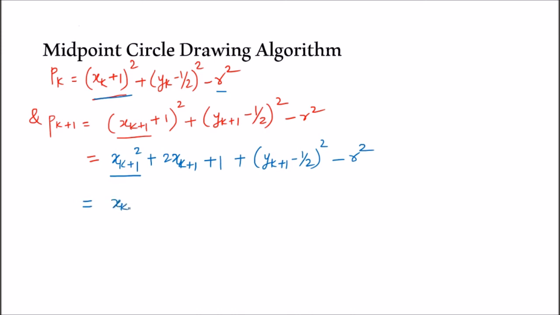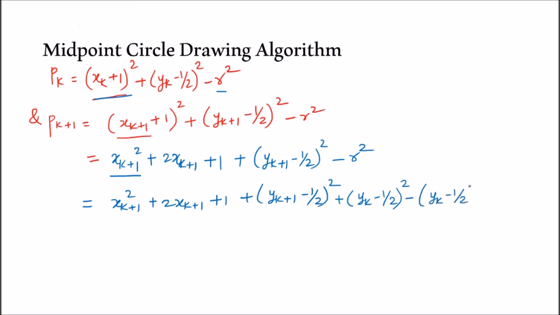So it is x of k plus 1 bracket square plus 2x of k plus 1 plus 1 plus y of k plus 1 minus 1 by 2 bracket square. This quantity is not available, so I will add and subtract it: plus y of k minus 1 by 2 bracket square minus y of k minus 1 by 2 bracket square minus r square.